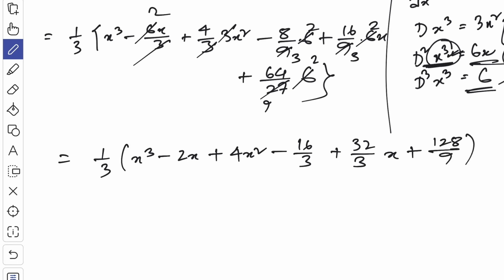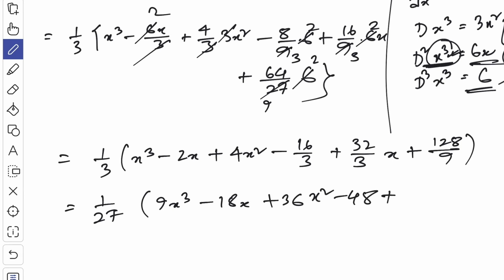Then yes, that's it. So if you multiply here 9 and here also 9, then if you multiply this one with the terms within the bracket, then what will you get? Then you will get 1 by 27, and you will get 9x cube minus 18x plus 36 x square minus 48 plus 96x plus you will get 128.